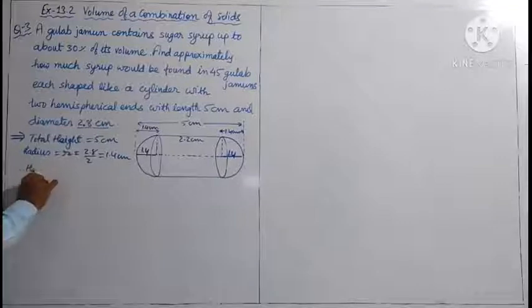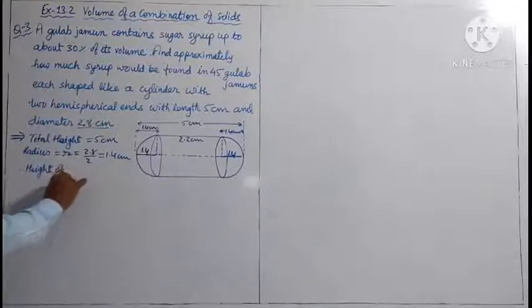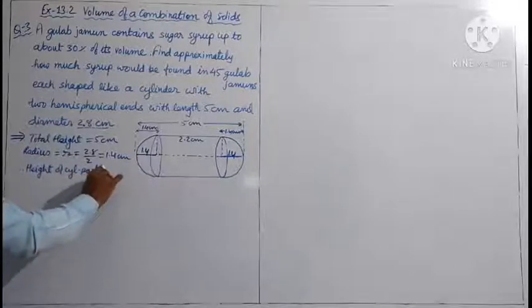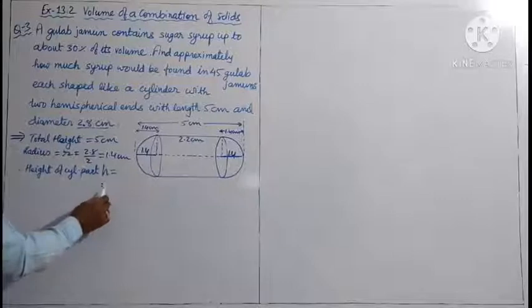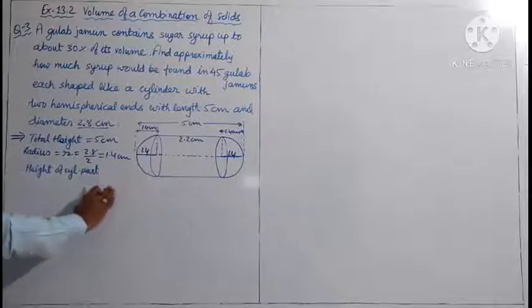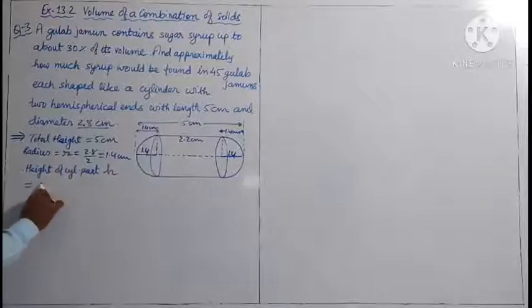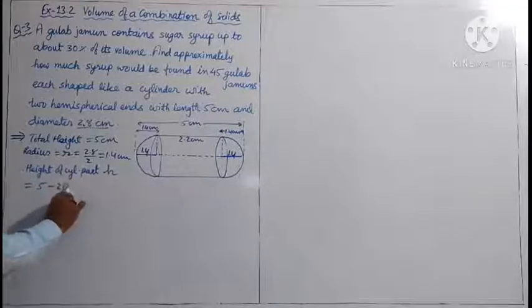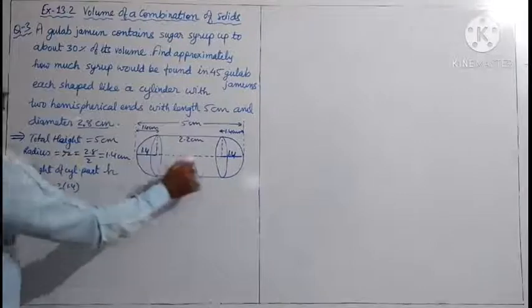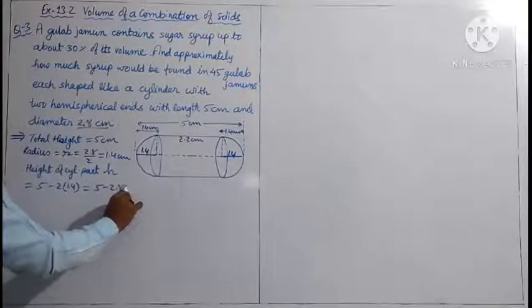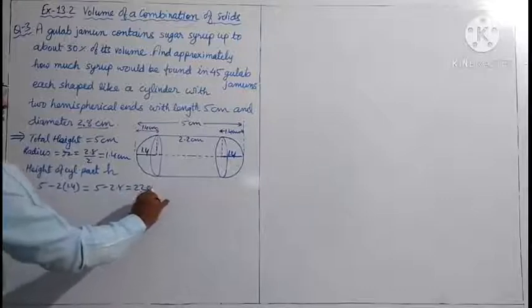Therefore, the height of the cylindrical part, that is h, is equal to 5 centimeter minus 2 times 1.4, so 5 minus 2.8, and that is 2.2 centimeter.